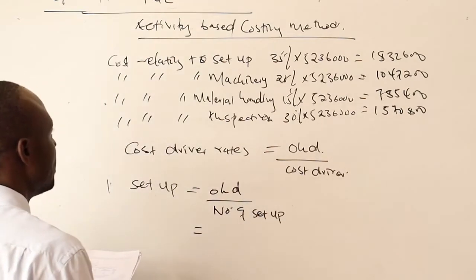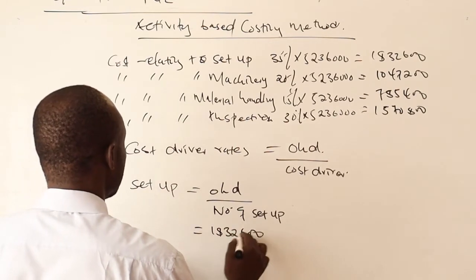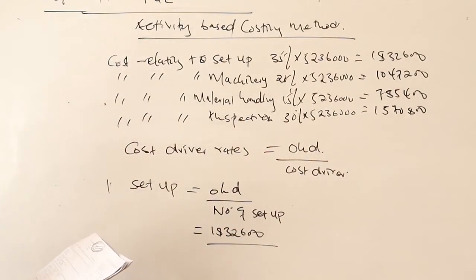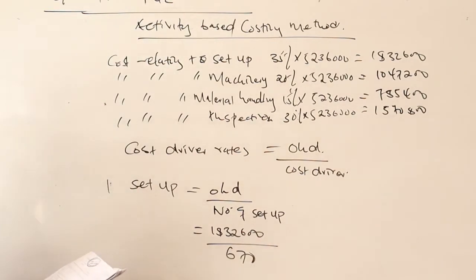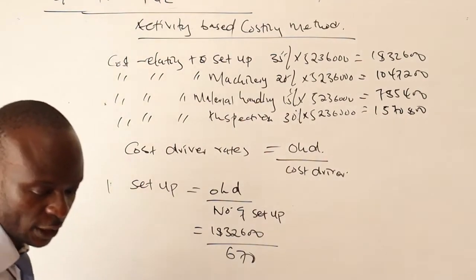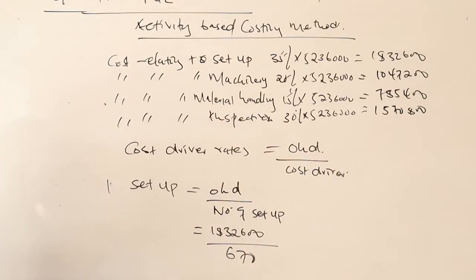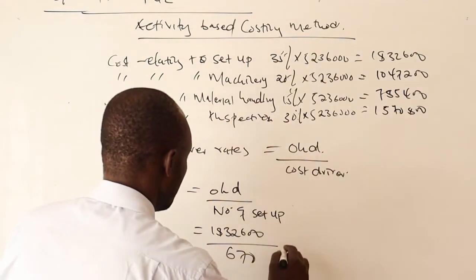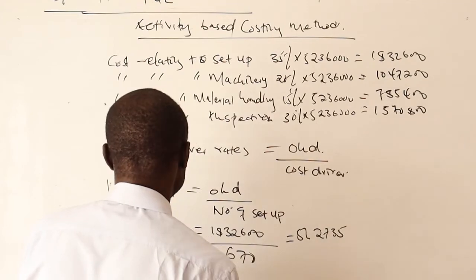The overhead is 1,832,600. The number of setups in this question, we have been given the total is 670, and for each product it is also provided. So you divide 1,832,600 by 670.